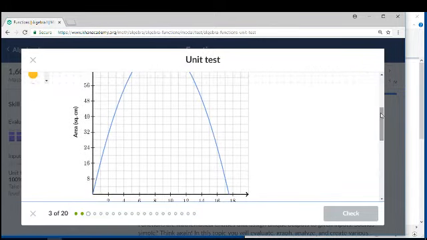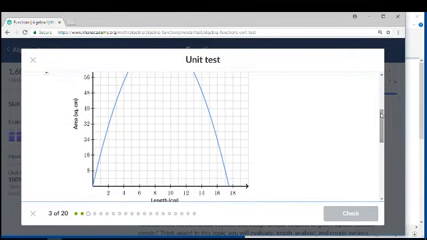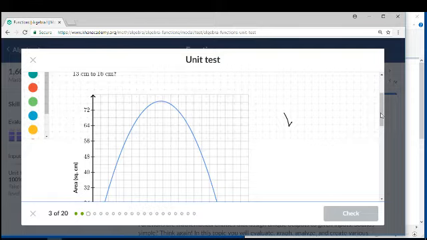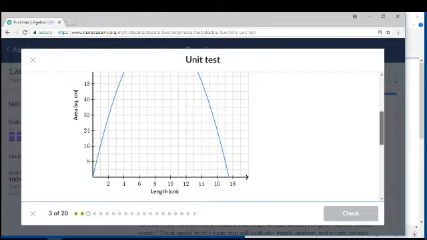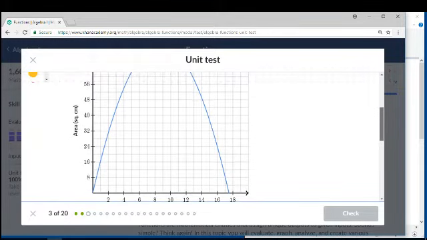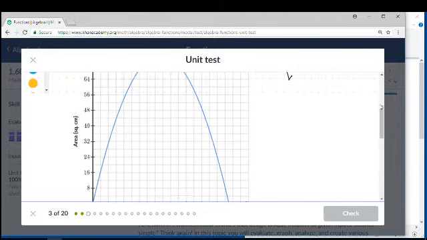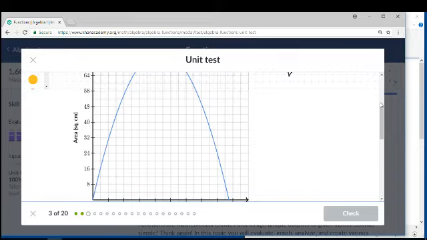So when x is 13, y is in between 56 and 60. So if it's in between 56 and 60, that would be 58.